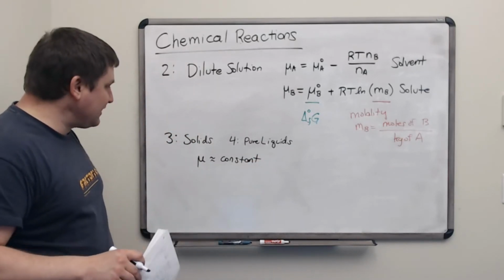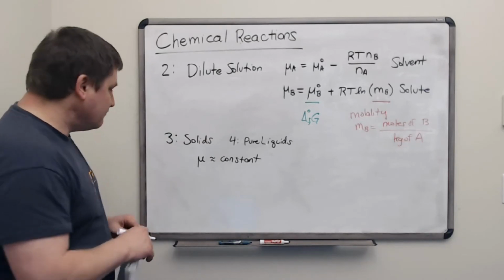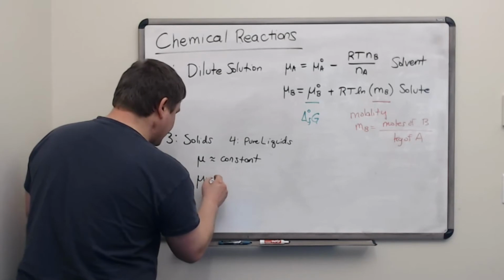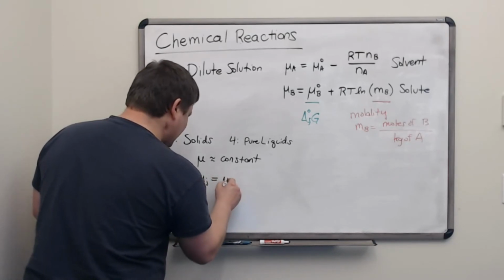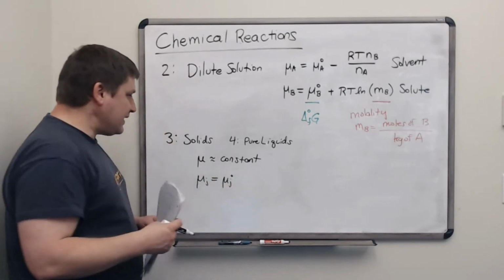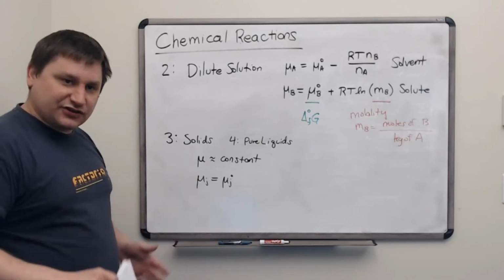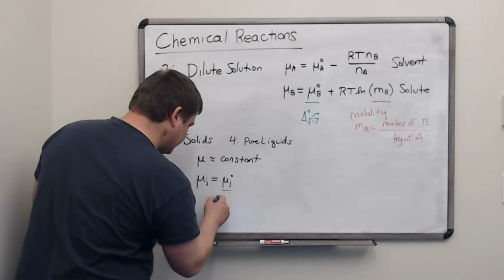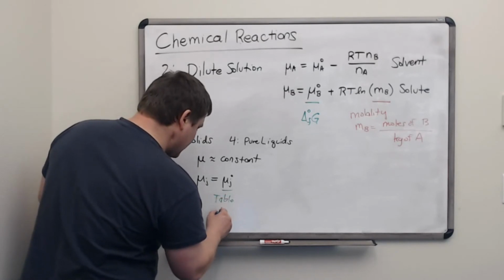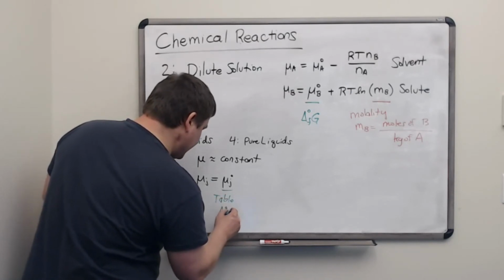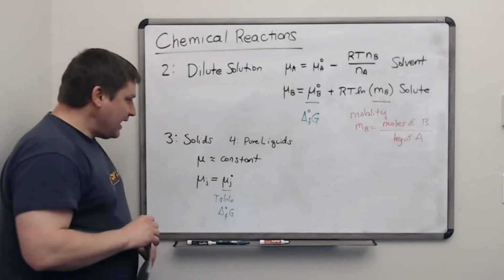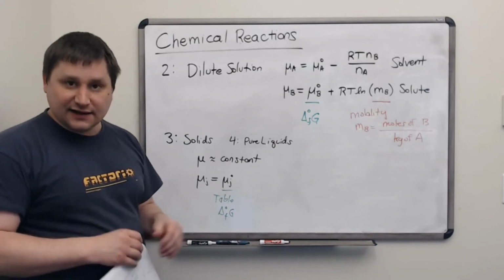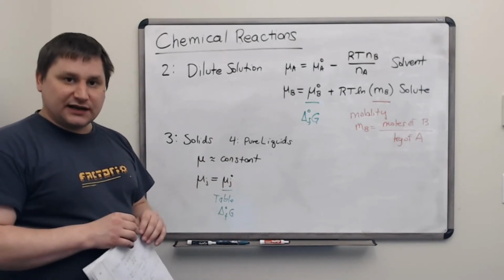The chemical potentials of these things are mostly constant. So if we have a solid or a pure liquid in our reaction, we can simply look up the value in the table for the Gibbs free energy of formation and treat the chemical potential for that substance as a constant, independent of temperature, independent of pressure.